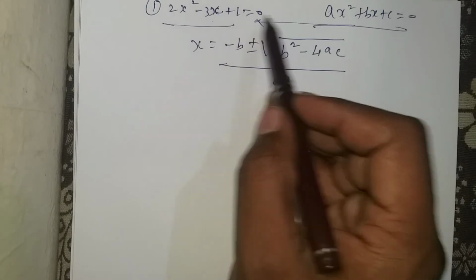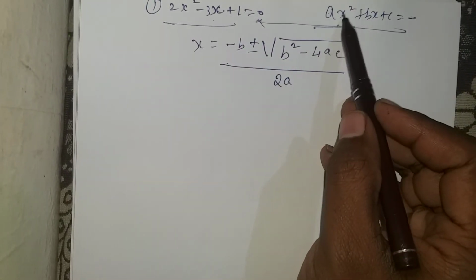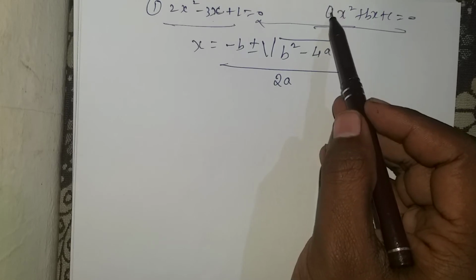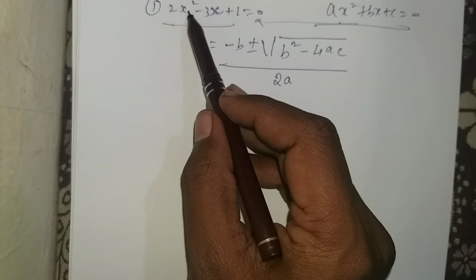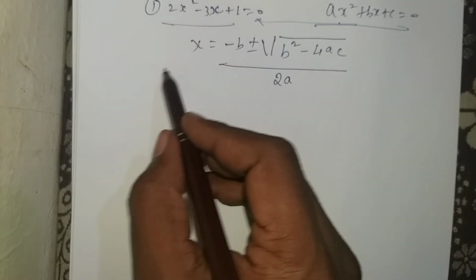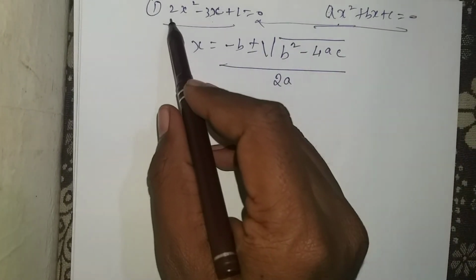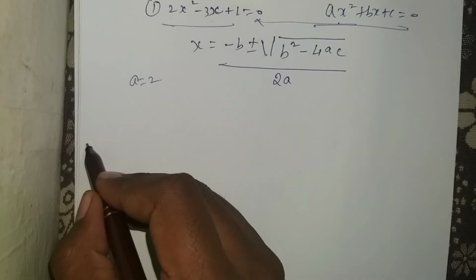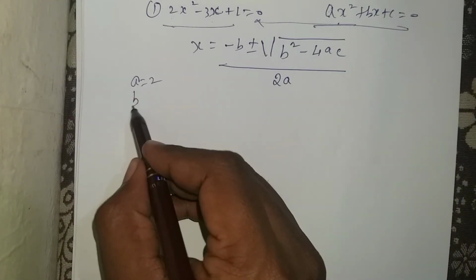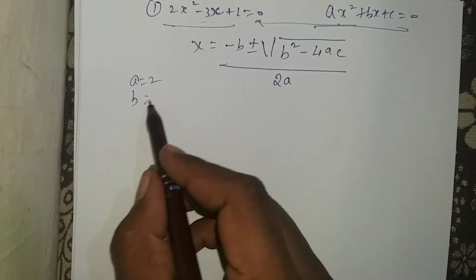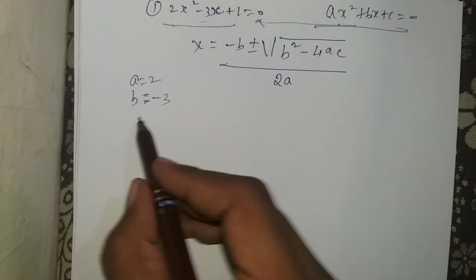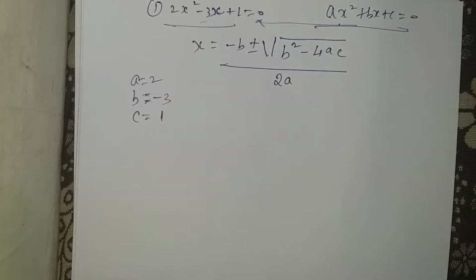In the general form, the coefficient of x square is a. Here the x square coefficient is 2, so my a value will be 2. In place of b I have minus 3; if you have a sign, you consider the sign also, so minus 3. In place of c you have 1.